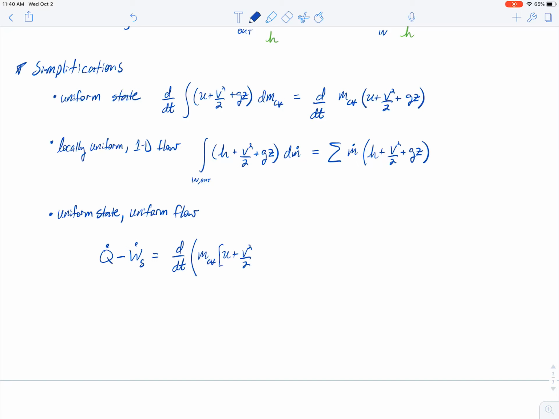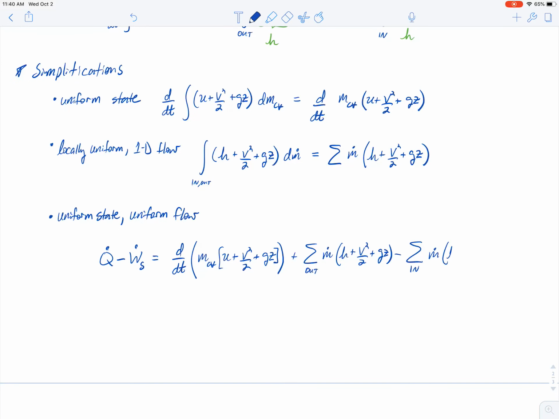Internal energy, kinetic energy, potential energy. The sum of all energy leaving my control volume, the sum of all mass flows and energy level of those flows, minus the sum of all mass flows in, their energy levels. Okay, this hopefully looks a little bit simpler to use.